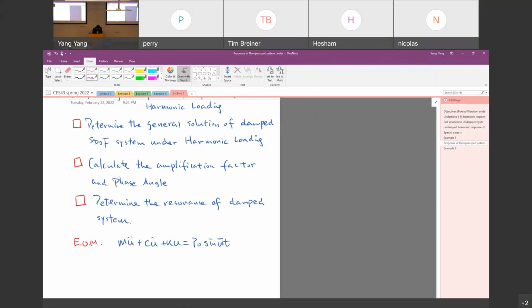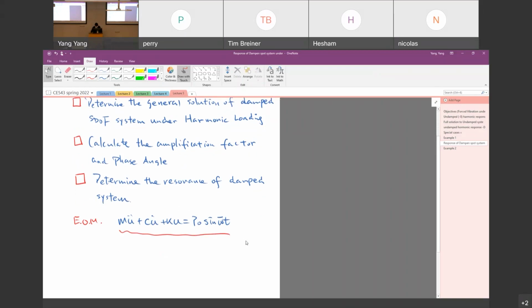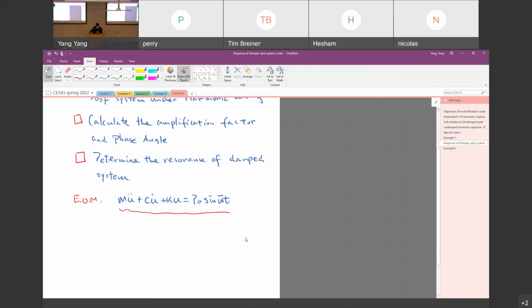This is the beginning of the derivation. What is the solution here?